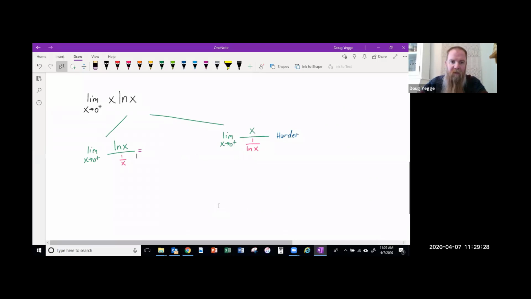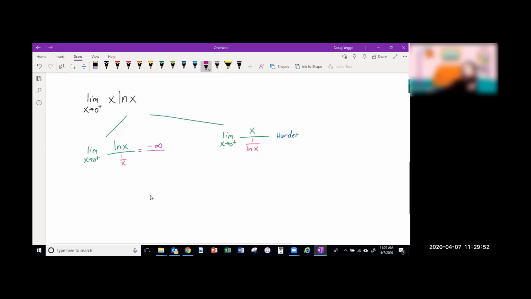So notice that this is going to become negative infinity on top. What about 1 over 0 from the right? What about 1 over 0? 1 over 0 is undefined, but what is the limit as x approaches 0 from the right of 1 over x become? Infinity.